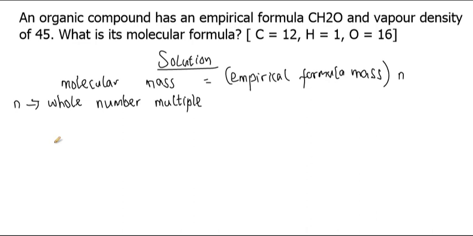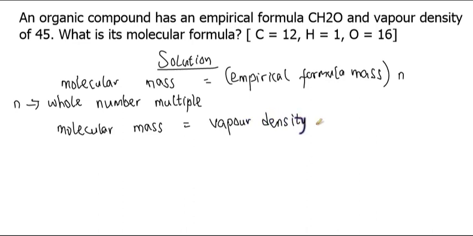So to get molecular mass, we'll be saying molecular mass equals vapor density times 2. So this is the formula we'll be using to determine the molecular mass of the organic compound. So this equals 45, from the question, we are given the vapor density to be 45, multiplied by 2, and this gives 90. So we have 90 grams per mole.